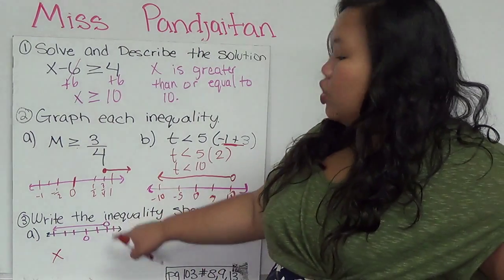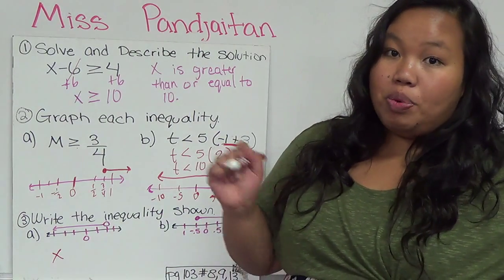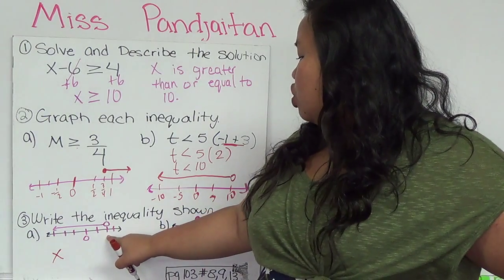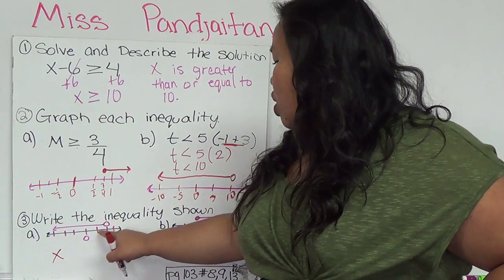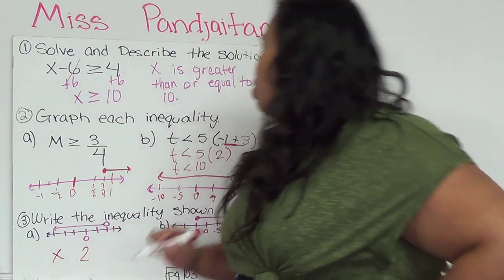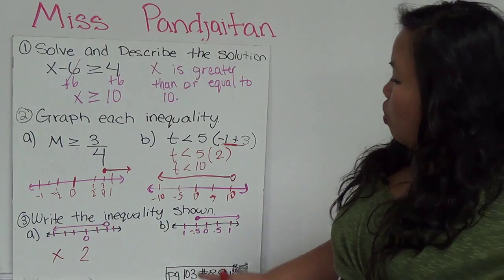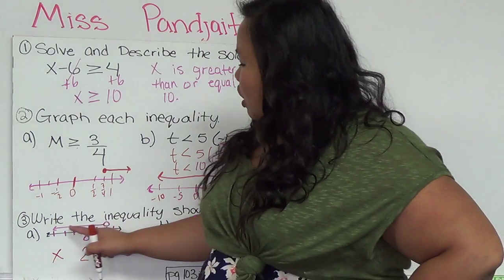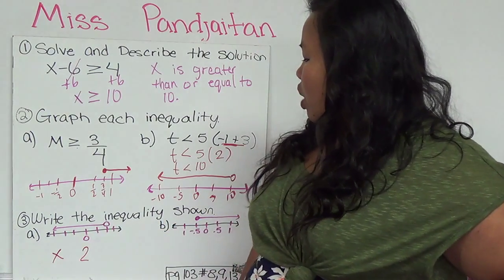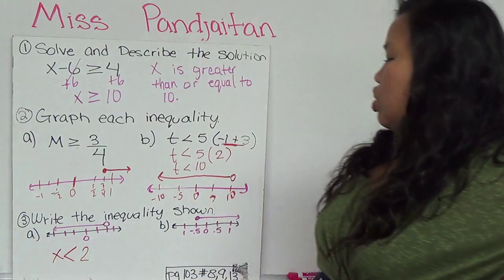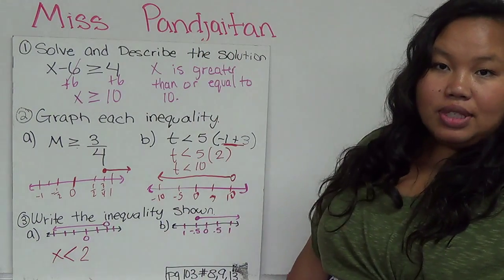Well, because this is open circle, that means it's not included, so we don't put a line underneath. And it starts off with 2. Okay, that's the 1, 2. So I know it's 2. Now we're trying to decide whether it's greater than or less than. On this, all the numbers are less than our starting point. So that means x is all the numbers less than 2. Okay, see how that works?